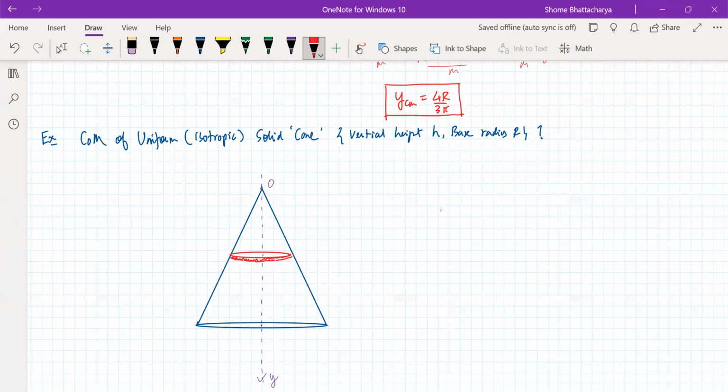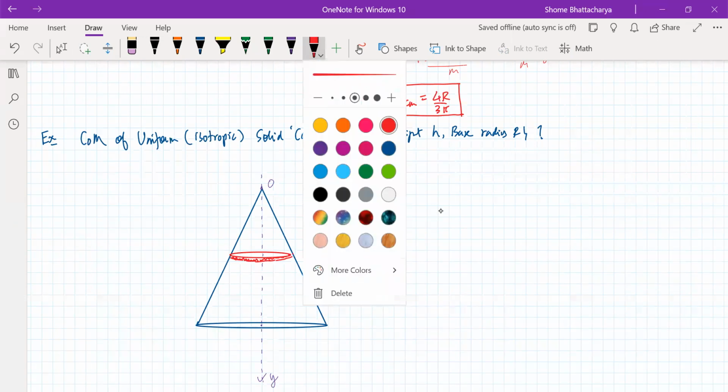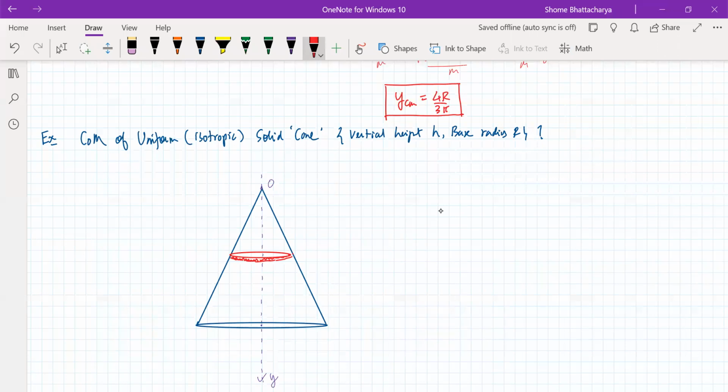This disc is of radius small r, at a distance y from the apex, whereas the height of the cone is h and the base radius is capital R.